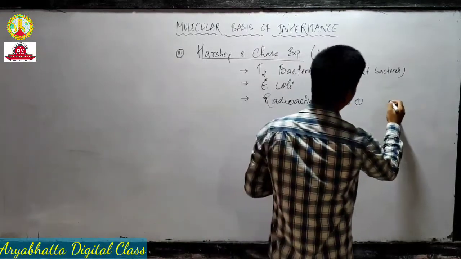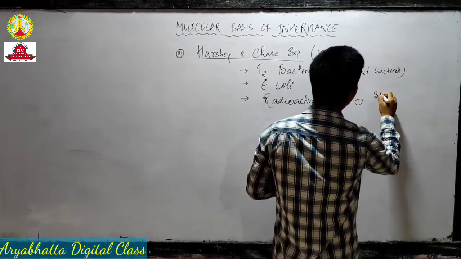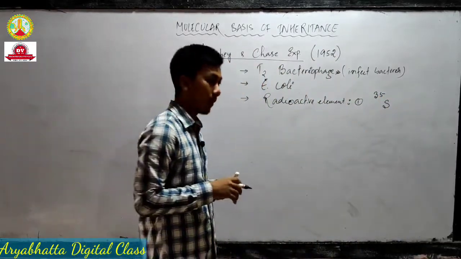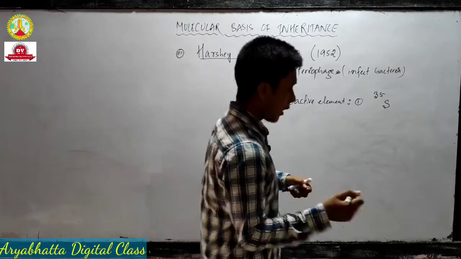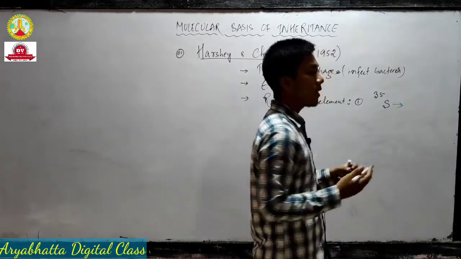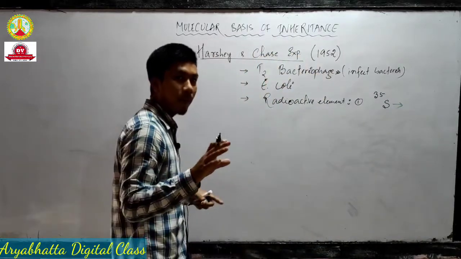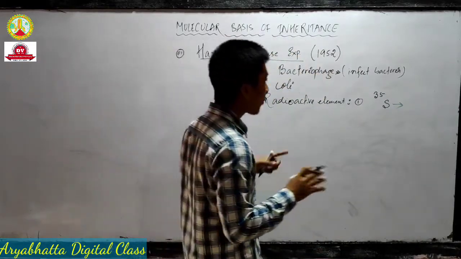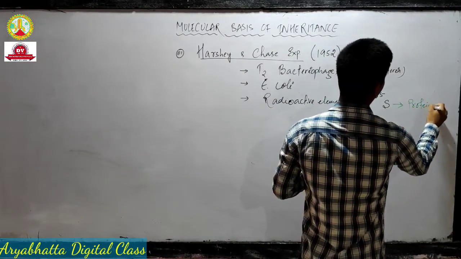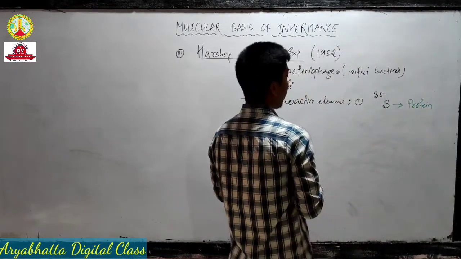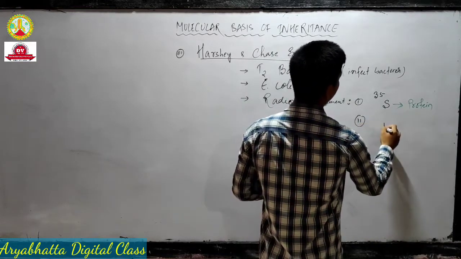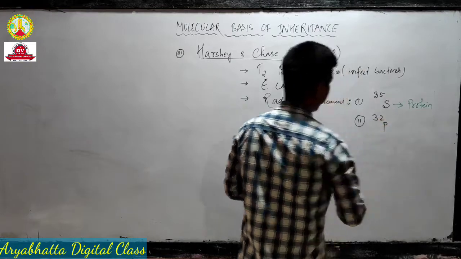One radioactive element they used is sulfur 35. Remember, sulfur 35 always binds with protein molecules. And the other radioactive element they used is phosphorus 32.